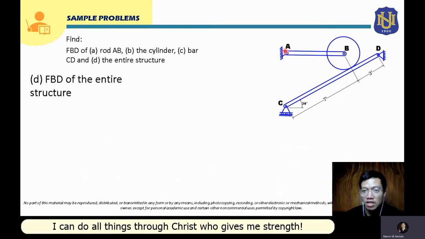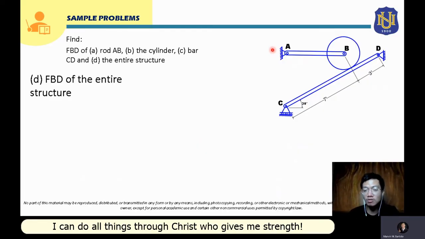It is actually supported by this hinge at point A. Now, what supports this hinge at point A? There are no other supports that support the hinge at point A. So this hinge at point A is a main support.